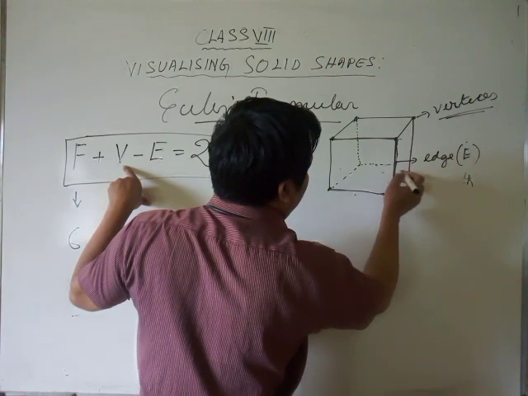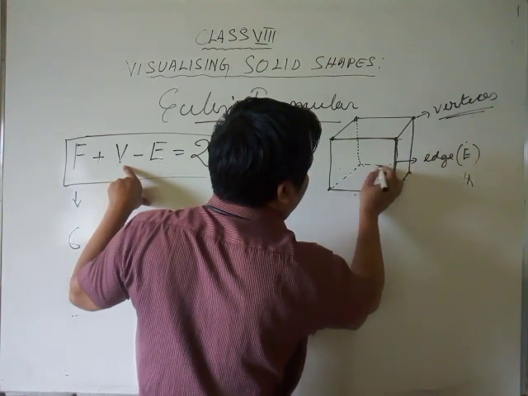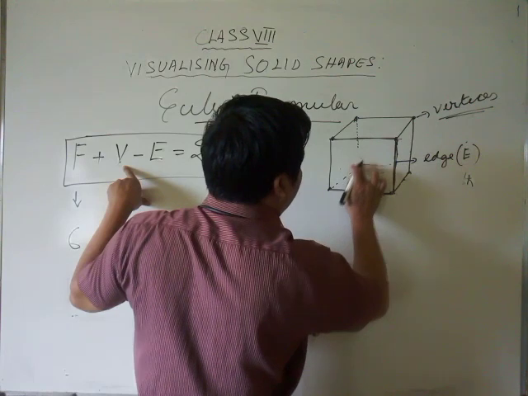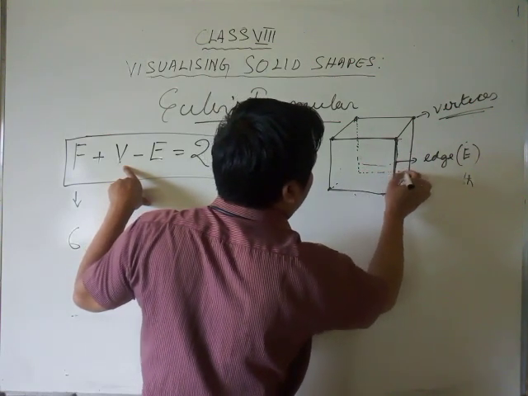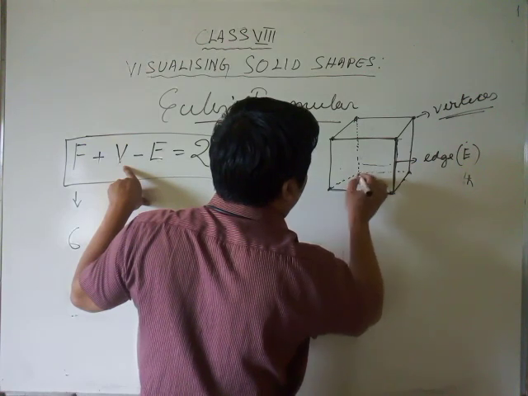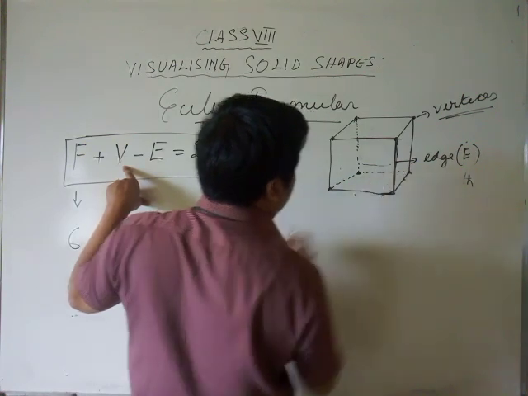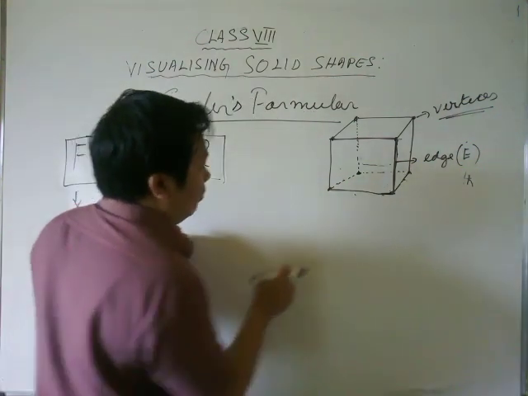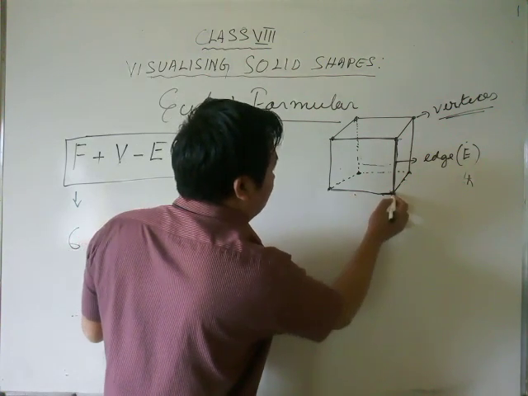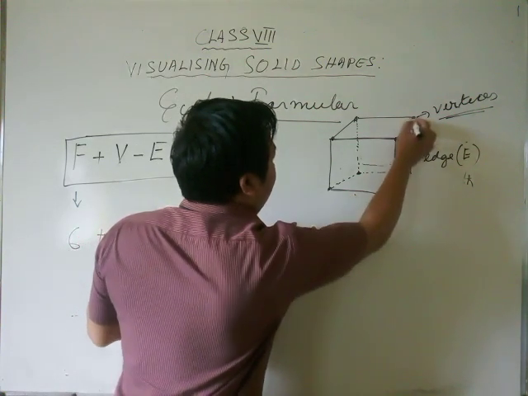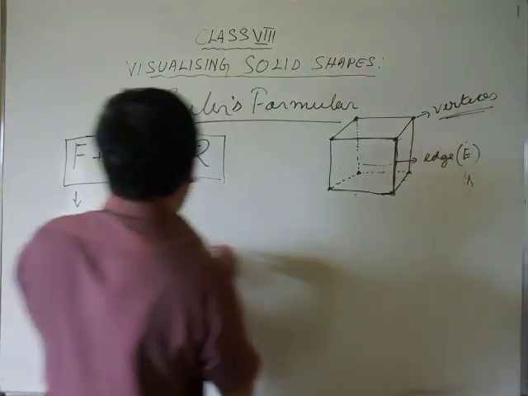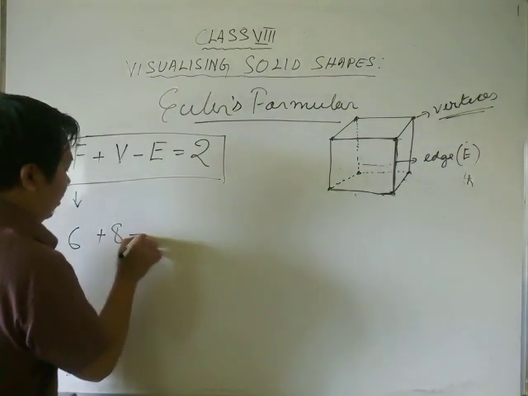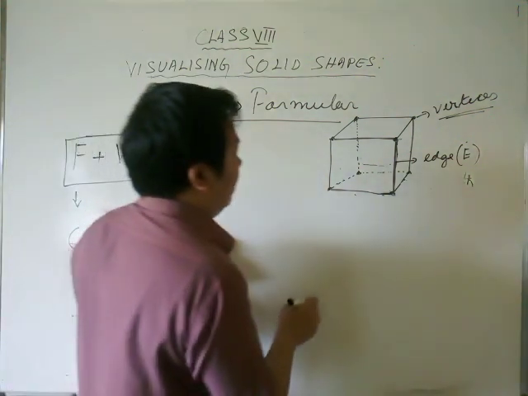Some edges will be there. Can you see one over here? Yes. And how many vertices? Let's count: 1, 2, 3, 4, 5, 6, 7, 8. 8 vertices are there. Minus how many edges are there?